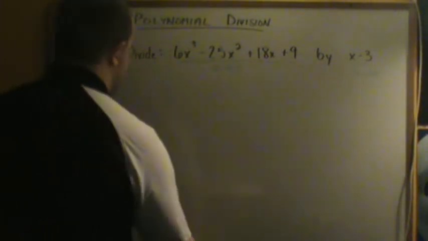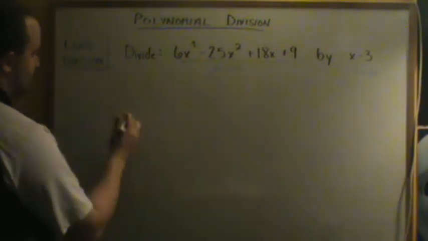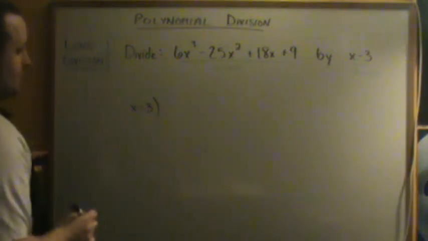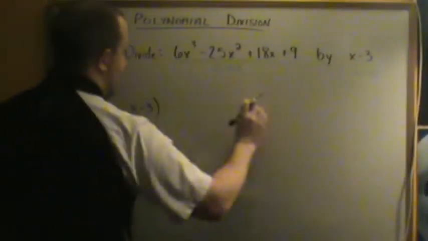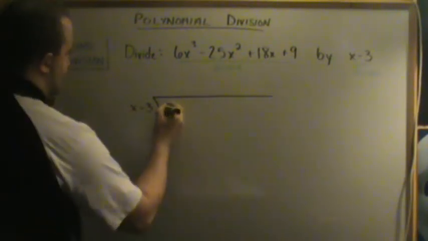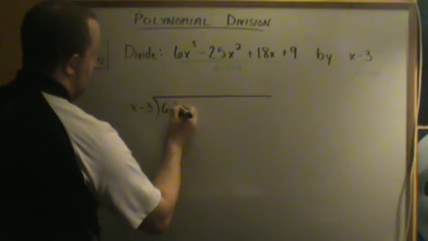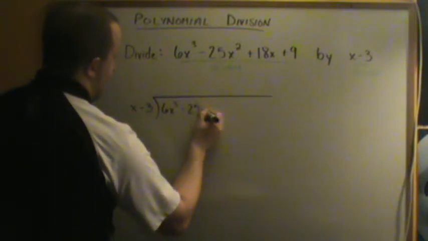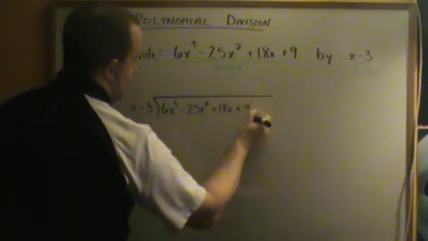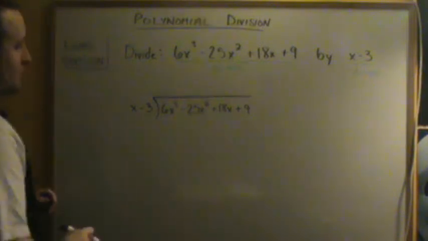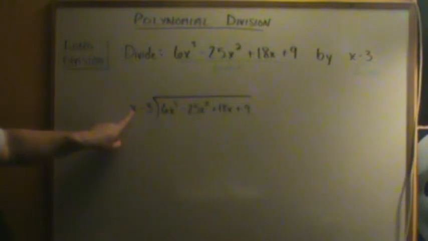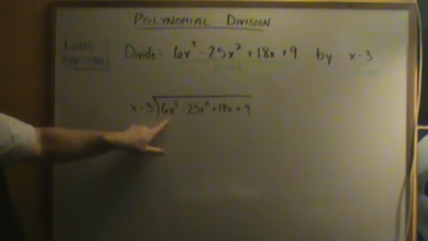So the way we would set this up, our divisor comes on the outside, x minus 3, open up the parenthesis there, and then write your dividend under the division bar there. So we have 6x cubed minus 25x squared plus 18x plus 9. And now the question we must ask ourselves, what do we multiply x by to get 6x cubed?